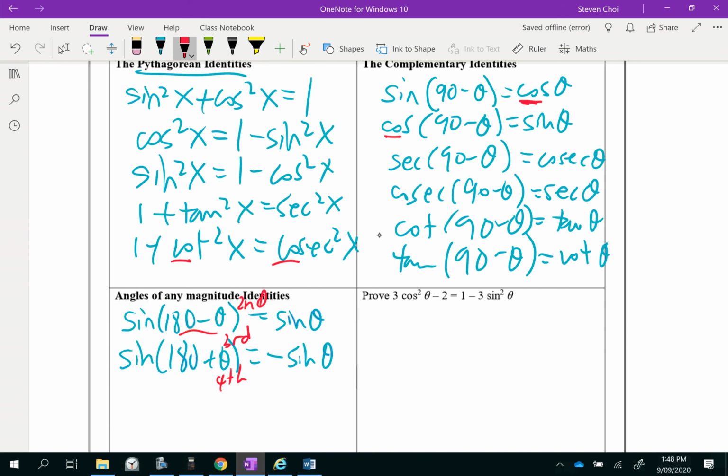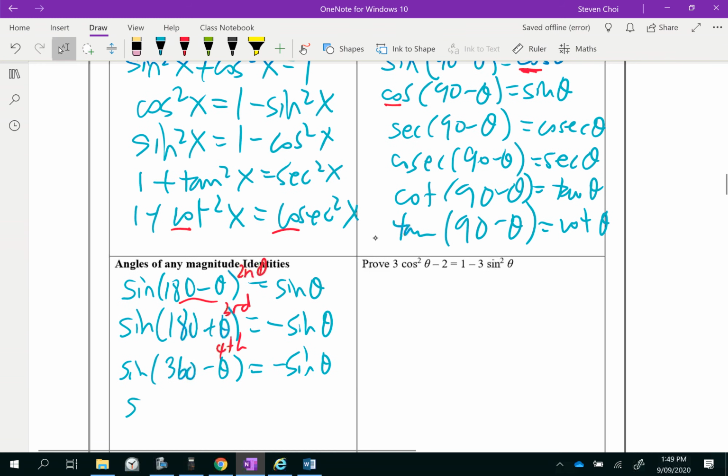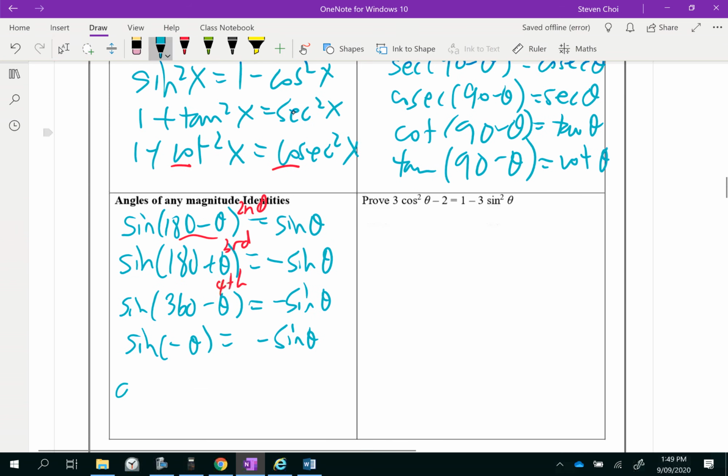And the fourth will be sine of 360 minus theta is negative sine theta. And the last bit is sine of a negative angle equal to negative sine. And there's a similar one for cos and tan. So I'll leave you to check the textbook.